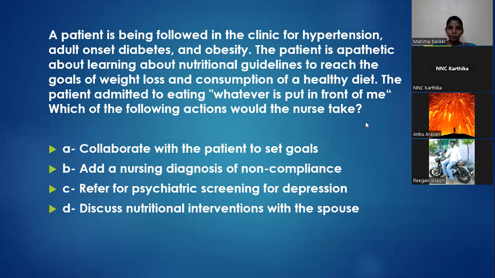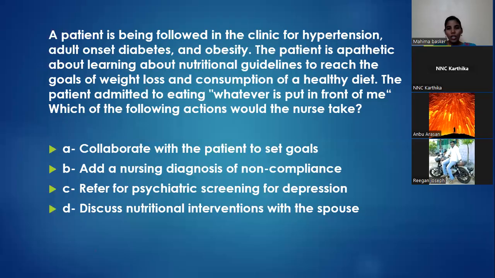Next question. A patient is being followed in the clinic for hypertension, adult onset diabetes and obesity. Hypertension is that, diabetes is that, obesity is that. When you read the question, you have to read it clearly. Don't go to the next one without understanding the question. The patient is apathetic about learning nutritional guidelines to reach the goal of weight loss and consumption of a healthy diet. The patient admitted to eating whatever is put in front of him.